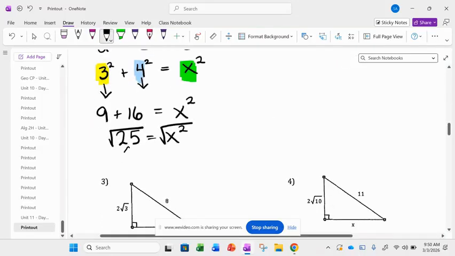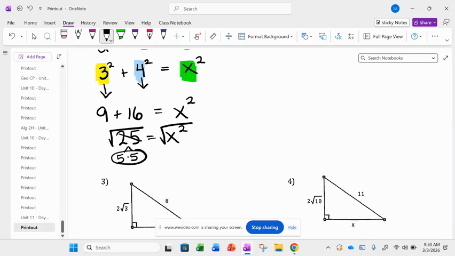And then when I square root this, isn't 25 5 and 5? That's a pair. How many 5s are coming out? Just one. Anything left over? No. So now, technically, based on what we learned from before the quiz, shouldn't this be plus or minus 5?